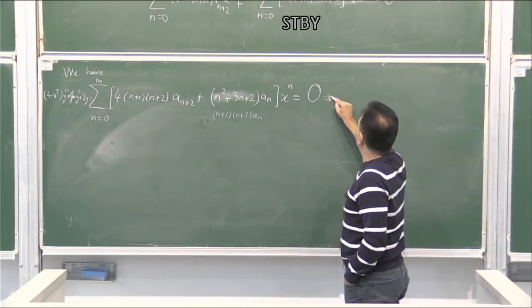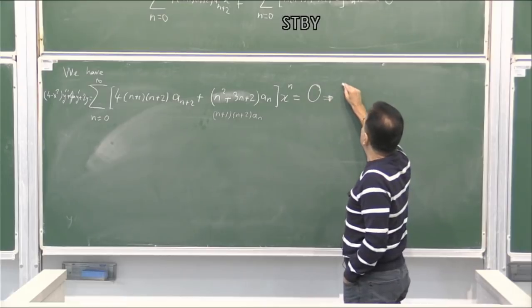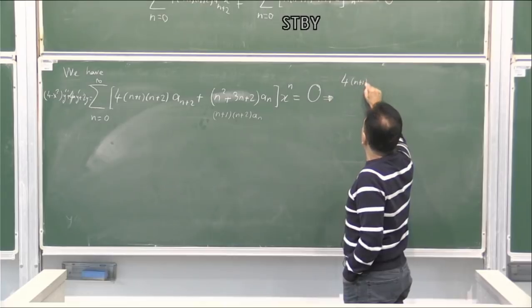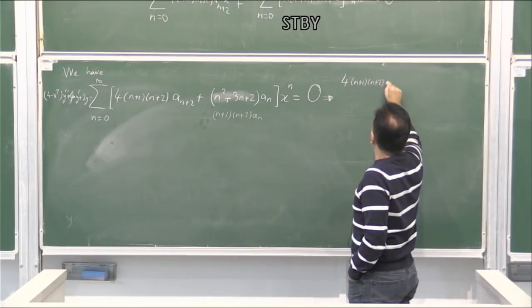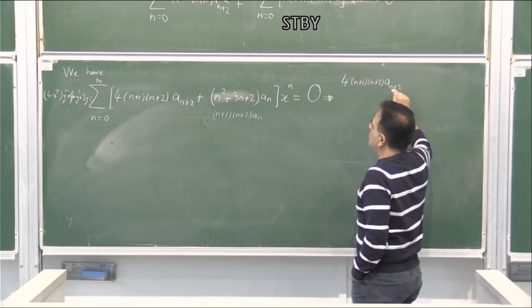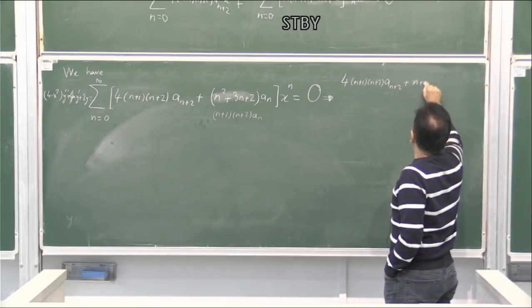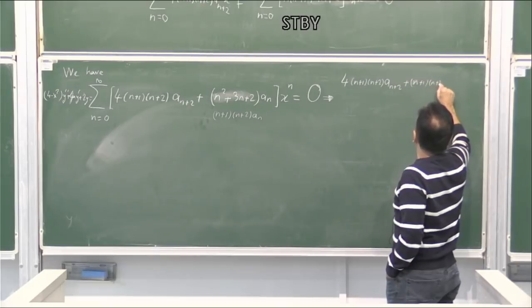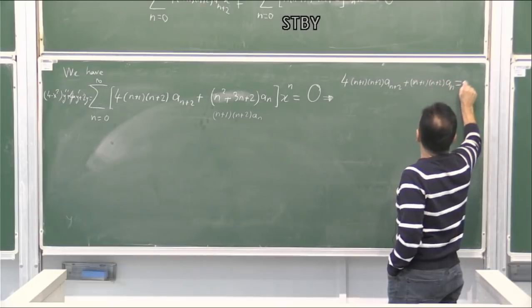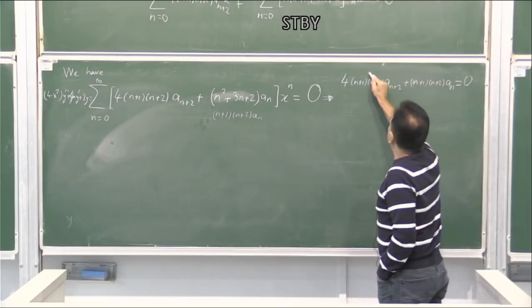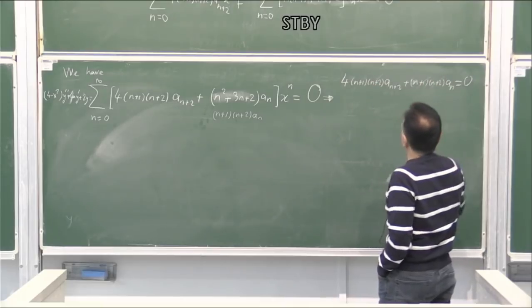Therefore, our recursion becomes 4 n plus 1, n plus 2, a n plus 2 plus n plus 1, n plus 2, a n, which must be 0. So these terms cancel each other out.